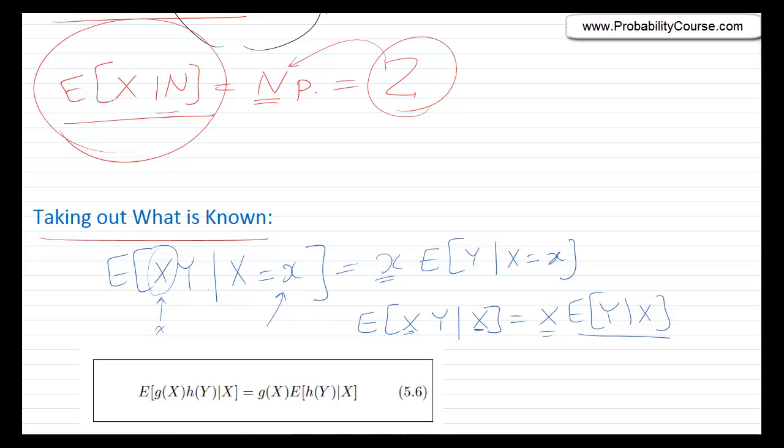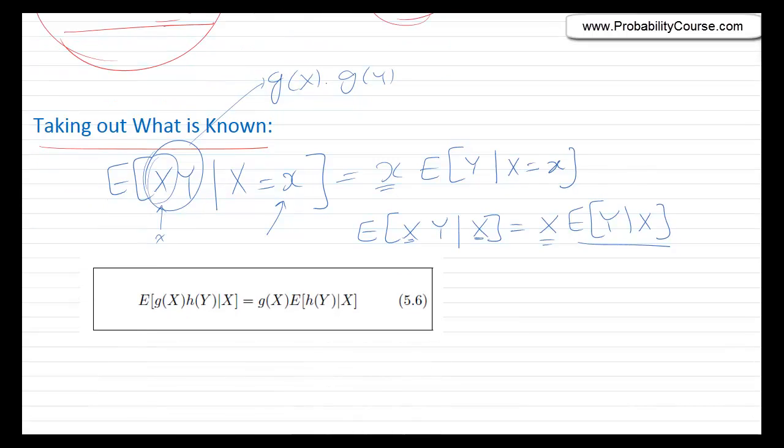And more generally, I can replace this x and y with a function, g of x times g of y. So this is called taking out what is known. Note that this is a conditional expected value, so it's a random variable, like random variable z. Because I know the value of x, the value of g of x is known, so I just take it out of the expected value.